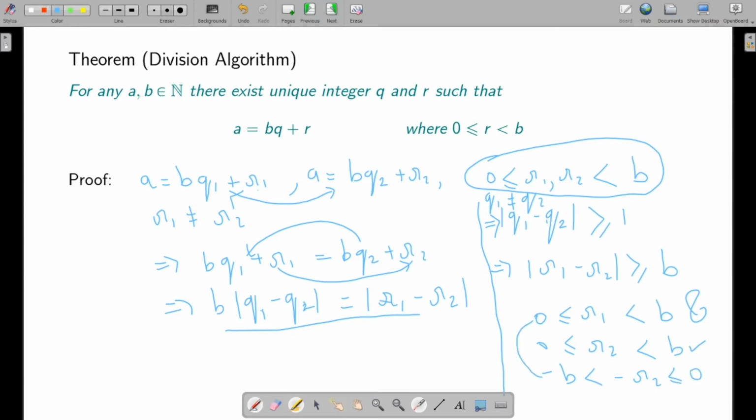Now adding these two, I'll get minus B is strictly less than R1 minus R2, which is strictly less than B, since there's a less than or equal to and a less than here.